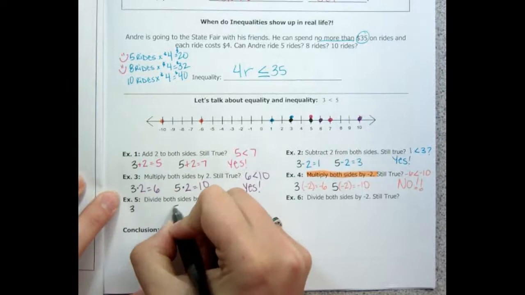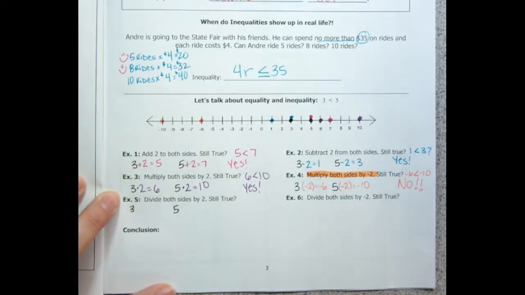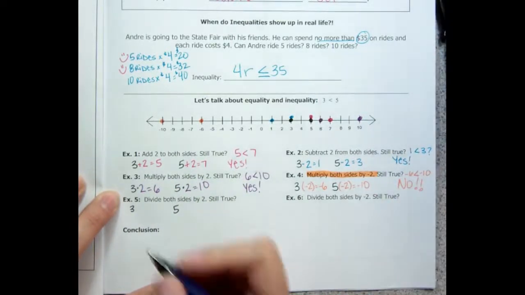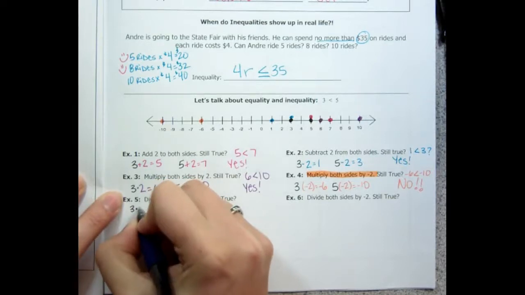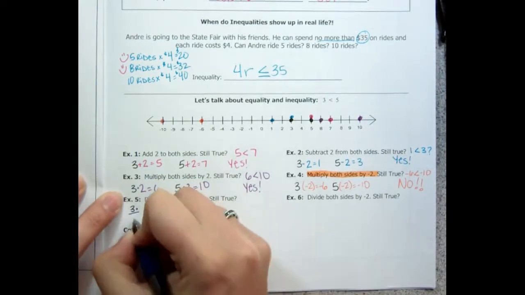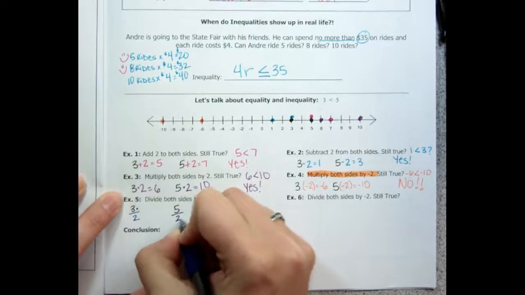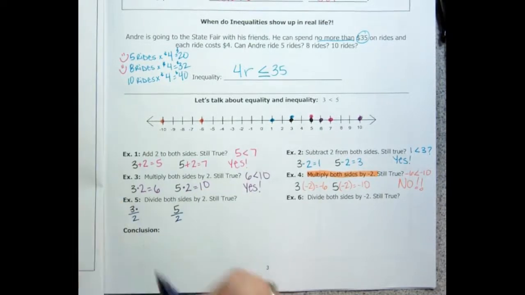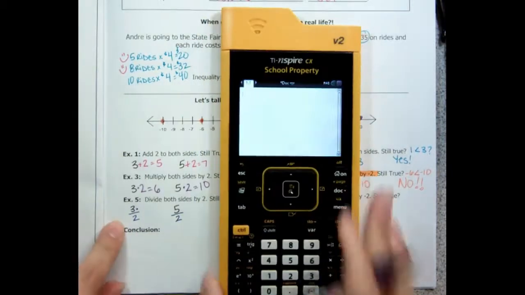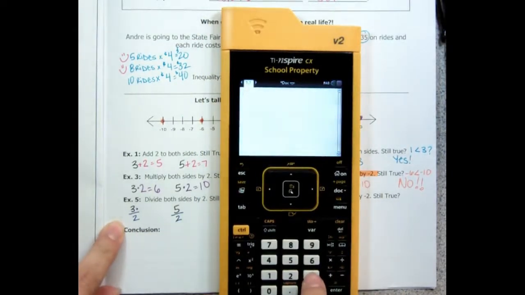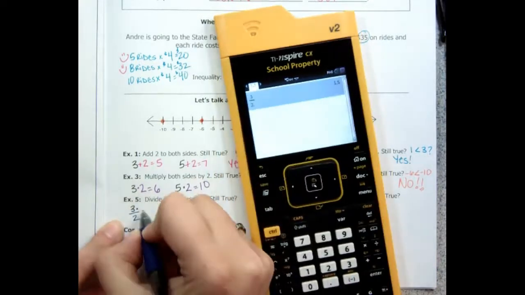Okay, let's do it again. Start with 3, start with 5. I'm going to divide both sides by +2. So 3 divided by 2. Remember, if you want to do a decimal, because I know you all like decimals better than fractions, 3 divided by 2 decimal point is 1.5.